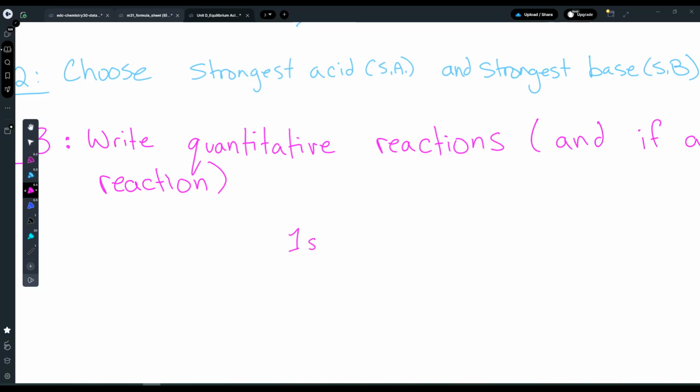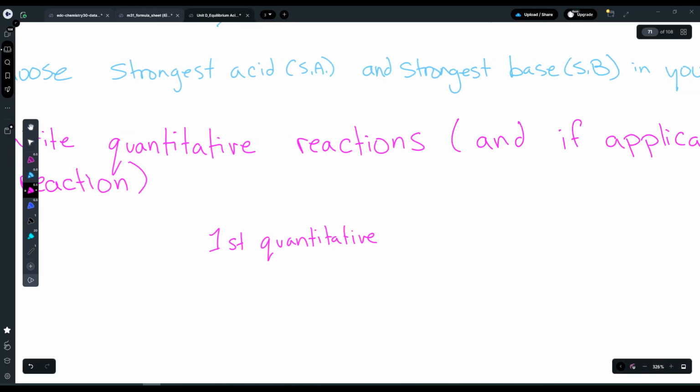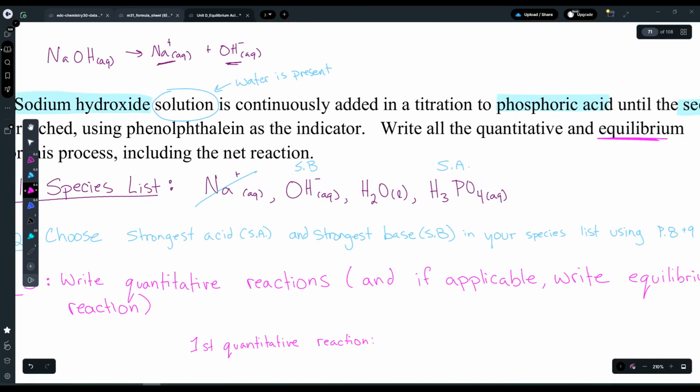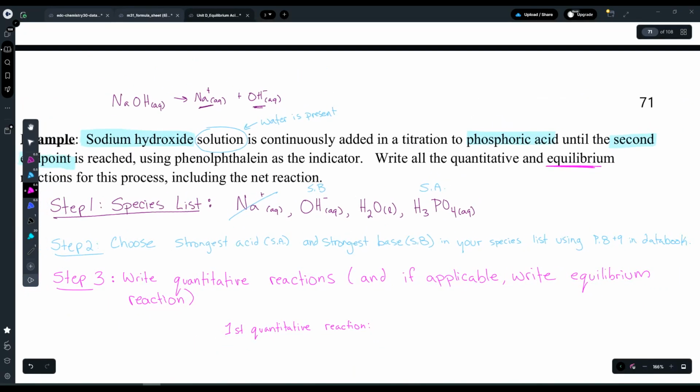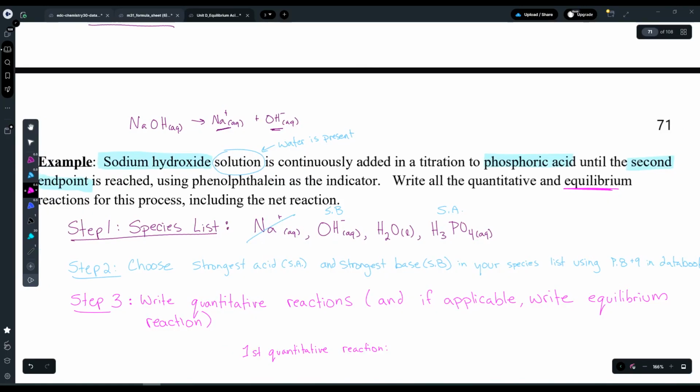So for our first quantitative reaction, again, we have hydroxide ions reacting with our triprotic acid, phosphoric acid. Now sodium hydroxide is continuously being added to phosphoric acid.